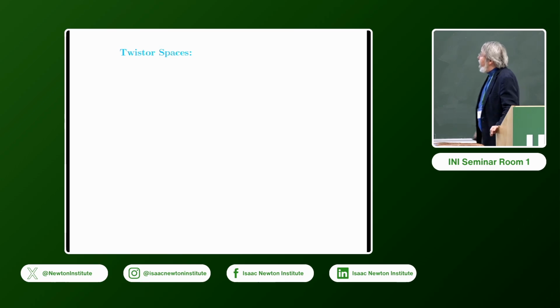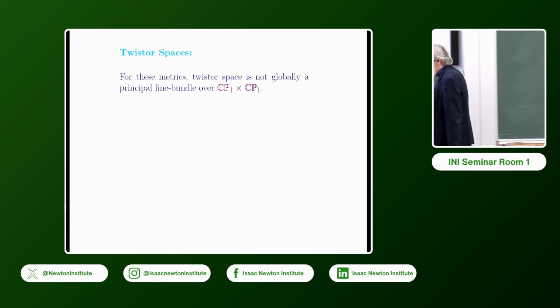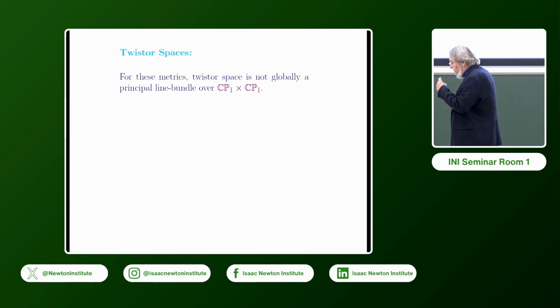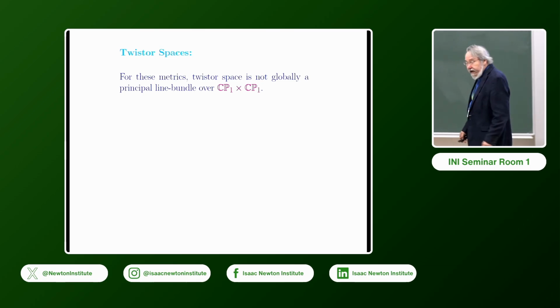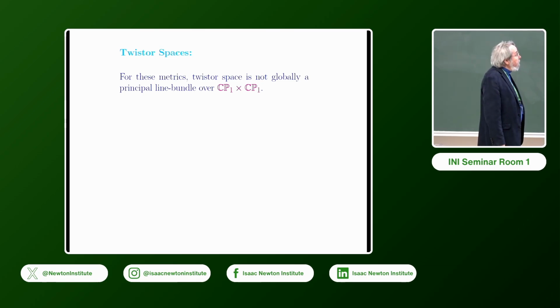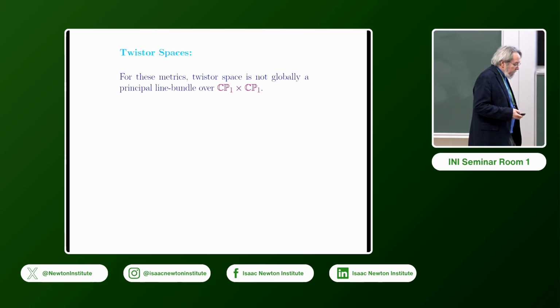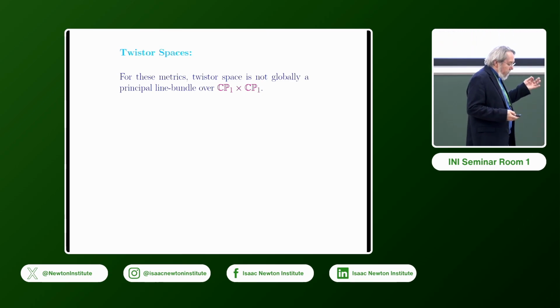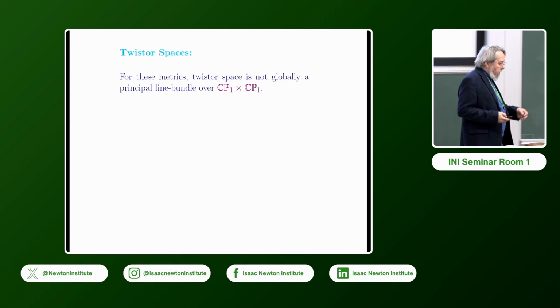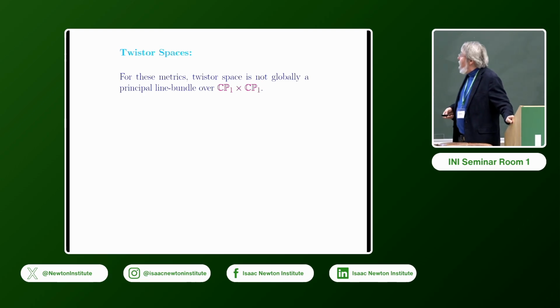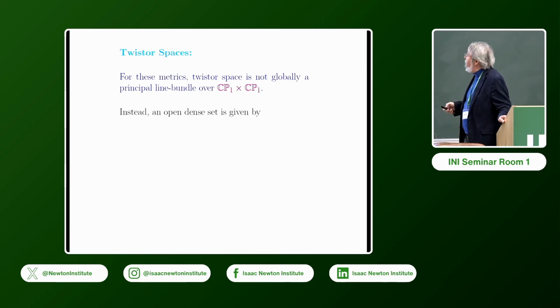So the twistor spaces of these are also completely explicit. The local idea was that the twistor space was basically a principal line bundle over a region in CP1 times CP1, but the global story is more complicated.